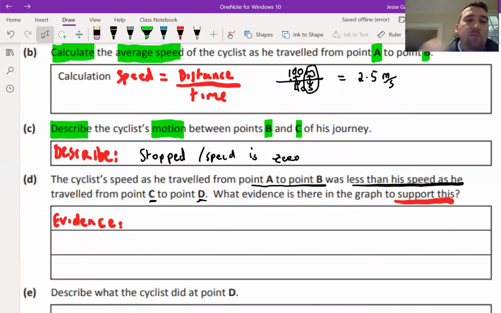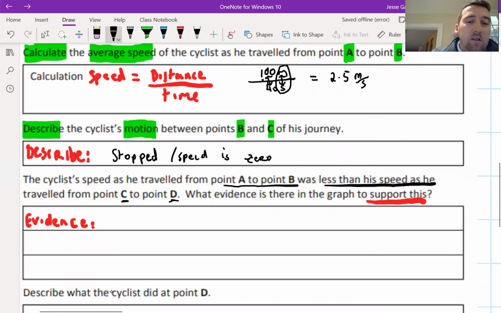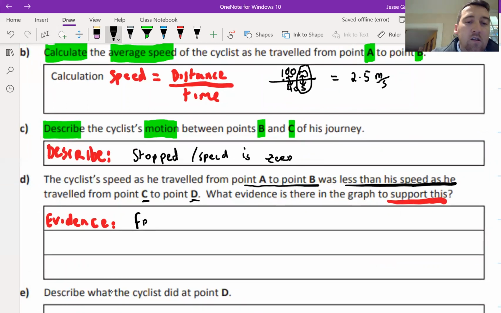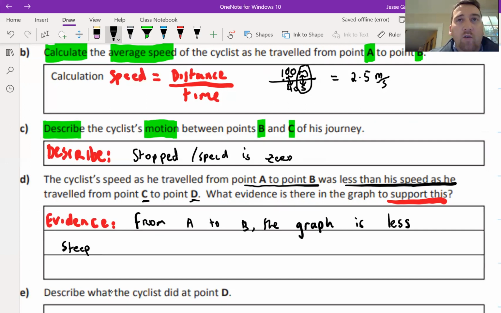So what piece of evidence proves this? Well, we would say from A to B, the graph is less steep. That's the word we want to use to say how quickly it's going up.